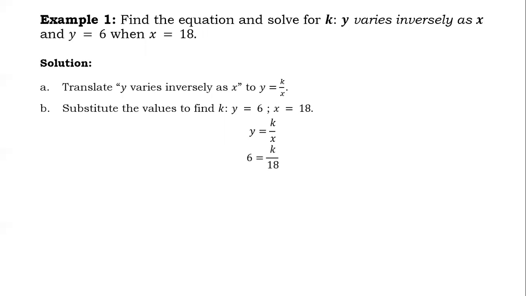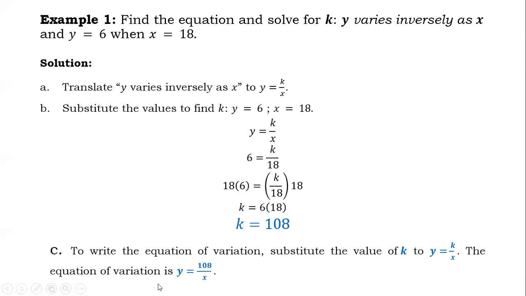So we have 6 equals k over 18. Then let's multiply both sides by 18 in order to cancel the denominator. Simply multiply 18 times 6, and the value of k is 108. So now the constant of variation is 108.